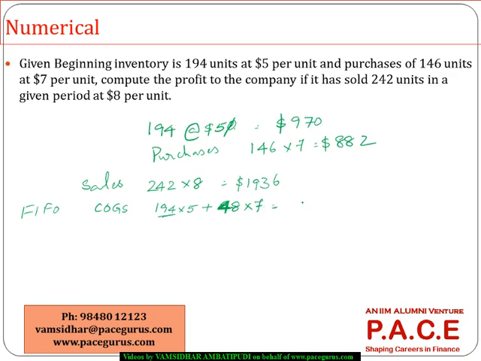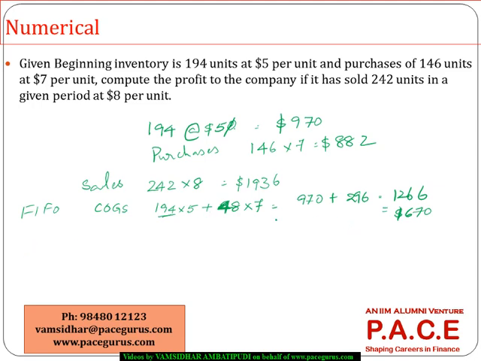So this is going to work out to 970 plus 336, working out to 1266 as the cost of goods sold in case of FIFO, which is resulting in, assuming all other costs are zero, a net profit or net income of $670 in case of FIFO.